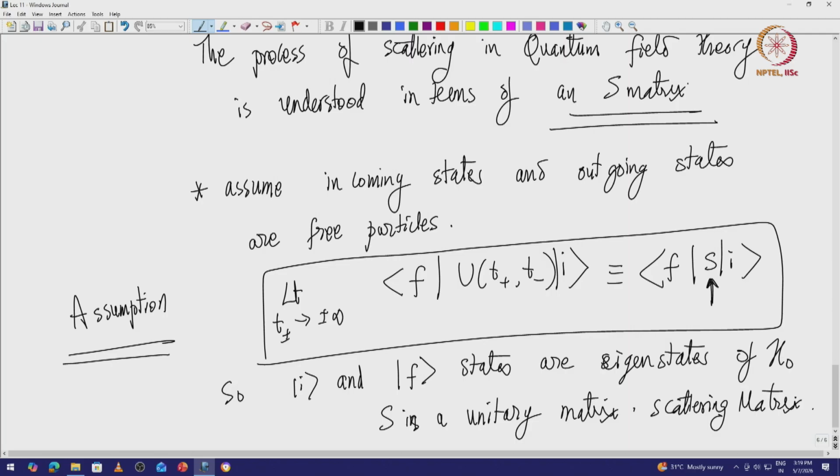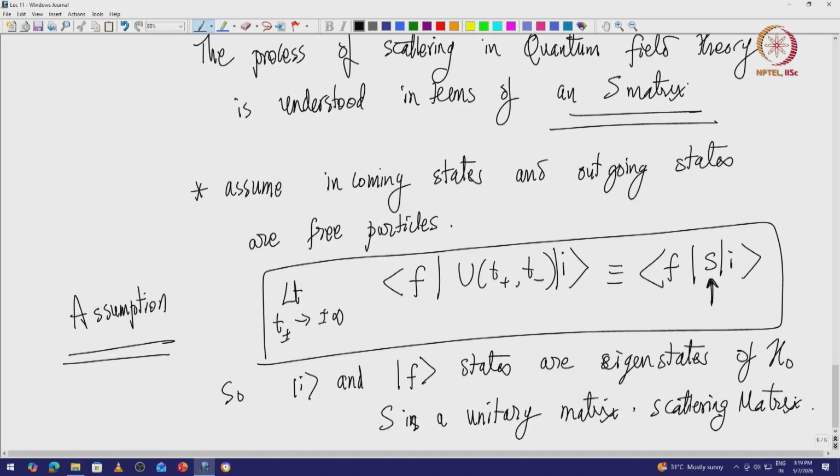That is how you enter, or you want to be at the leading order, which you put in your L interaction, but S evolves like the U state. S is nothing but the U, the Dyson series which we have written at an extremely small time interval in the interaction picture.